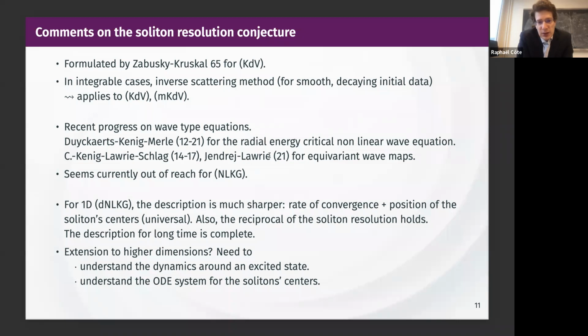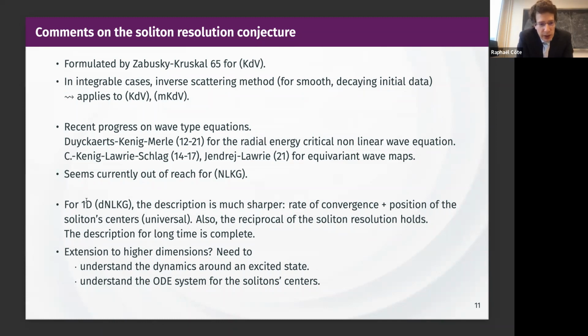And ending with this nice paper by Jacek Jendrej and Andrew Lawrie, which somehow solved the soliton resolution for equivariant wave maps. However, it's really linked to wave equations, and even if you look at a wave equation which is slightly different, which only differs through the mass term actually, it really completely kills the construction. So it seems really out of reach for the undamped Klein-Gordon equations.